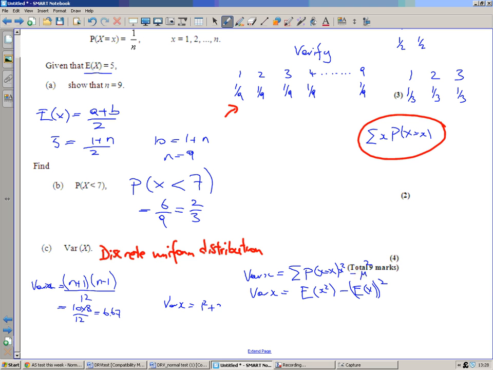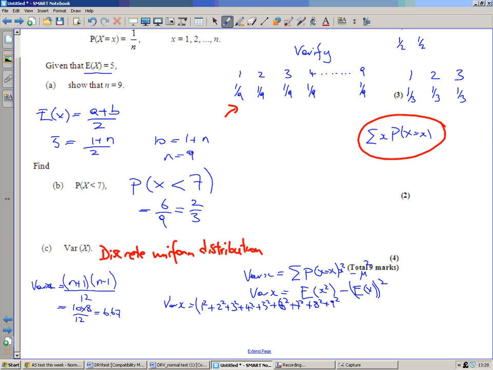I suppose one thing we could do to speed it up a bit is to factorize it.